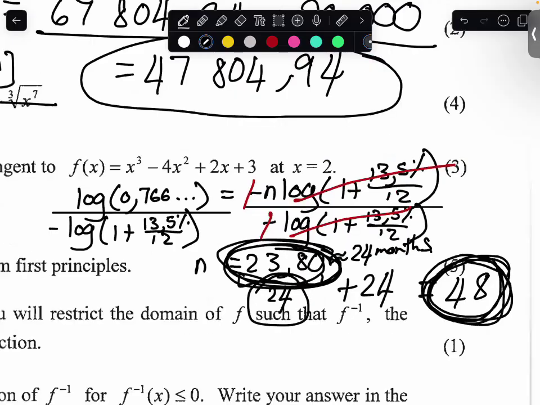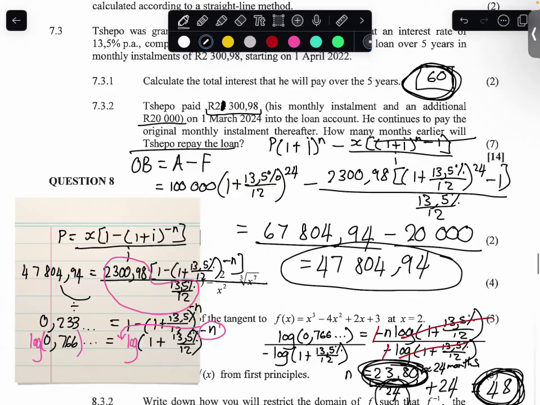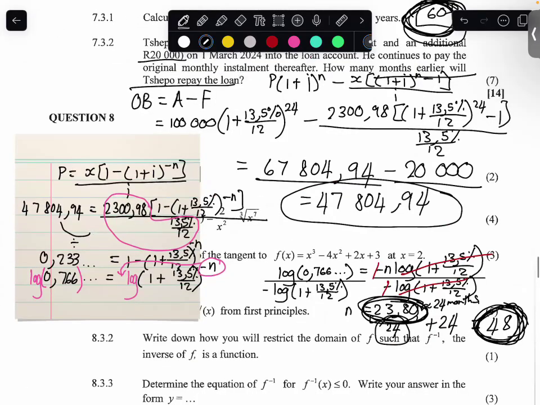The entire loan was supposed to be paid off over a period of 5 years, and there's 60 months in 5 years. So how much earlier will the loan be repaid? 60 minus that 48, which gives you an answer of 12 months earlier. All right, I hope that made sense.